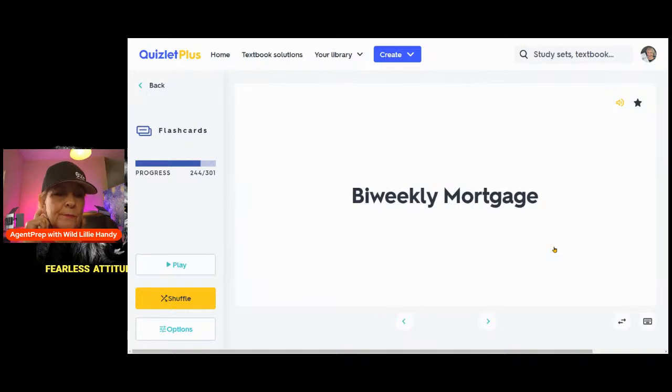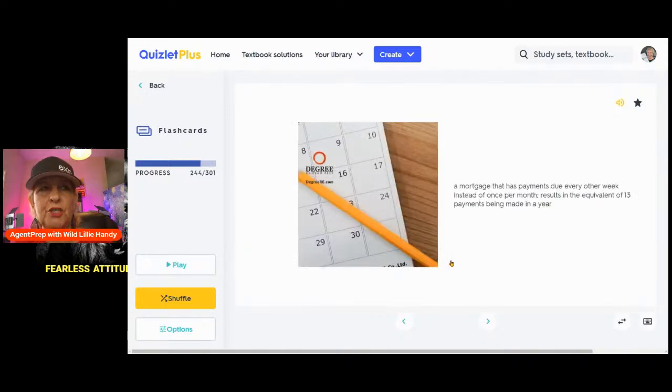Biweekly mortgage. Biweekly, every other week, right? A mortgage that has payments due every other week instead of once per month results in the equivalent of 13 payments made each year. So some people say you will end up reducing the balance owed on a mortgage by one whole month by paying every other week, because you're making 13 payments instead of 12, right?